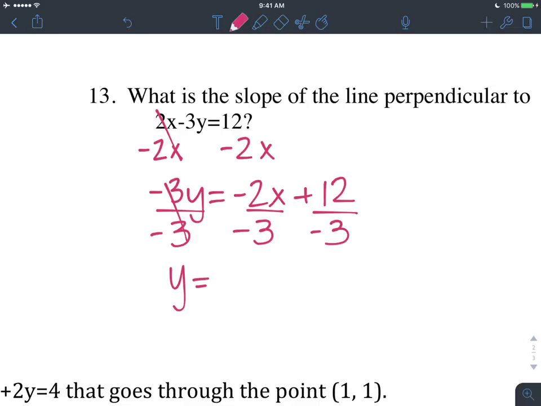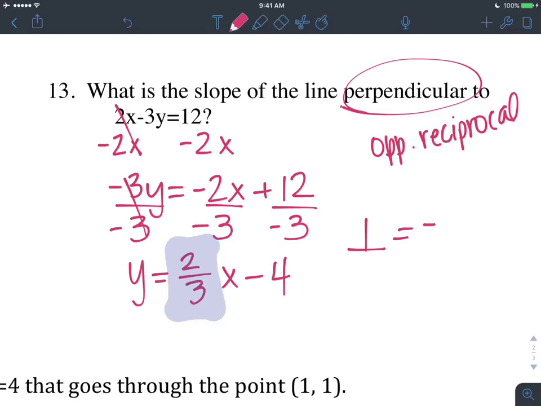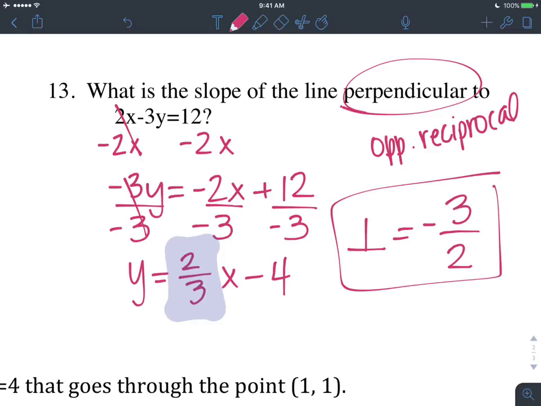And y is going to equal a positive 2/3 x minus 4. Since it wants perpendicular, we need the opposite reciprocal. So opposite sign, our slope here was 2/3. So our opposite sign is going to be negative, and then we have to flip the fraction over. So negative 3/2.